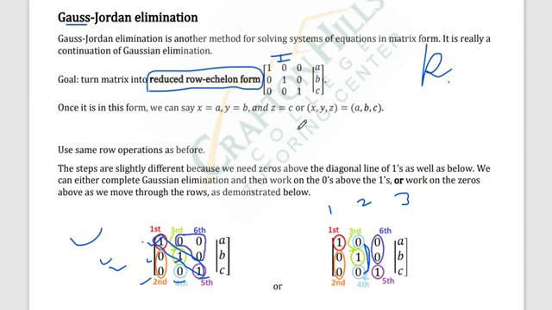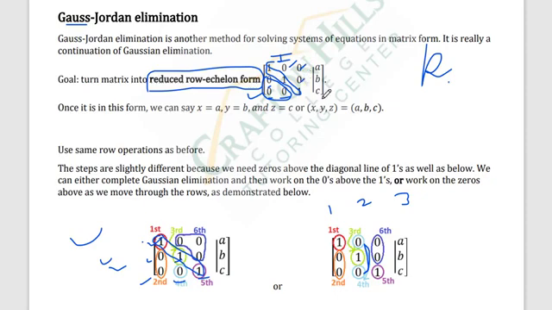It is the same as Gaussian elimination, but they include some steps so that this will become an identity matrix. We have already made these three elements 0 in Gaussian elimination, but now in Gauss-Jordan we have to make this element 0, and also these three elements we have to transform into 0.